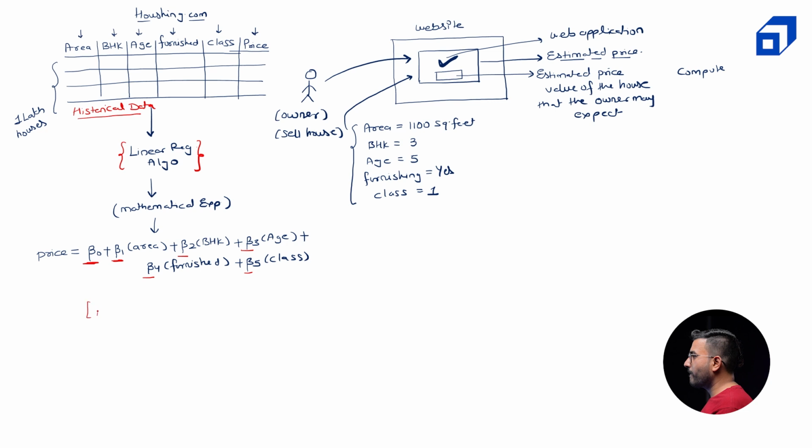So beta naught, beta 1, beta 2, beta 3, beta 4, beta 5, all of them are known as your parameters. They also have another name, known as coefficients.